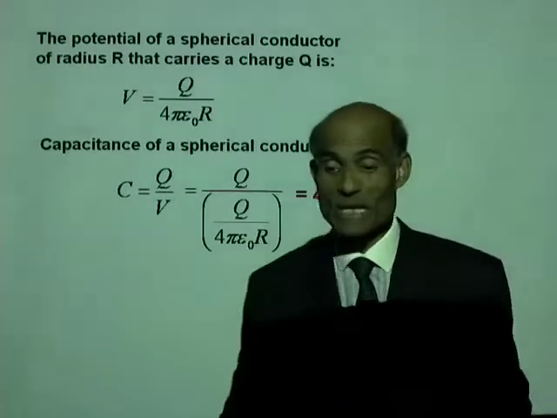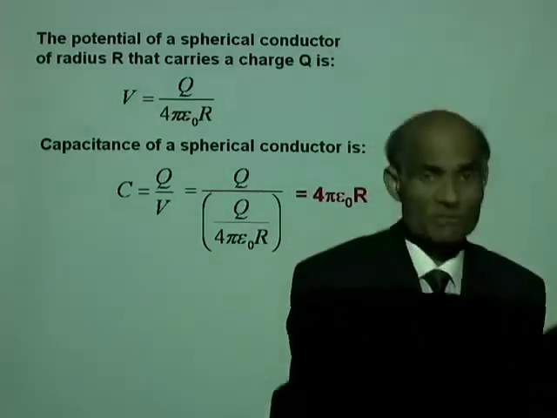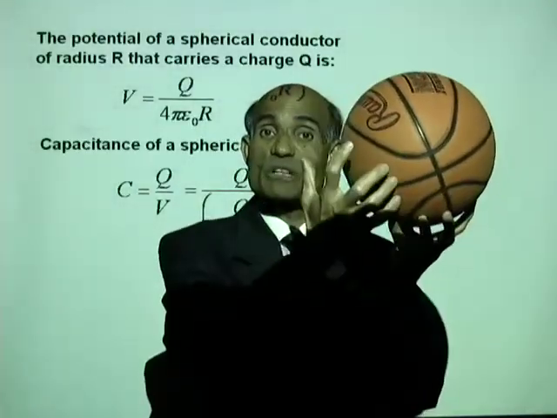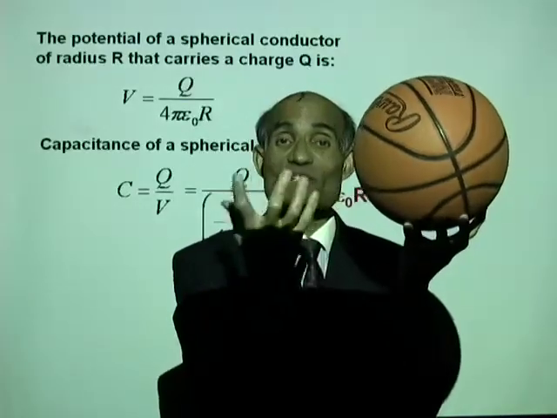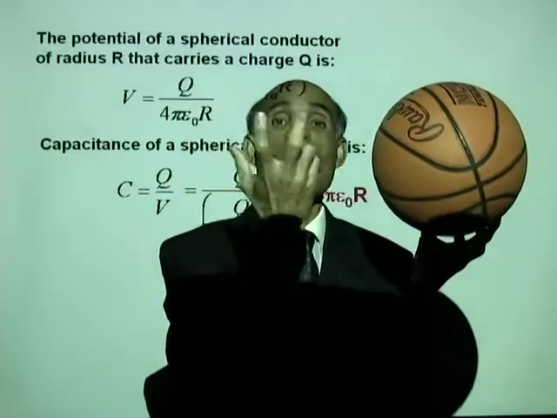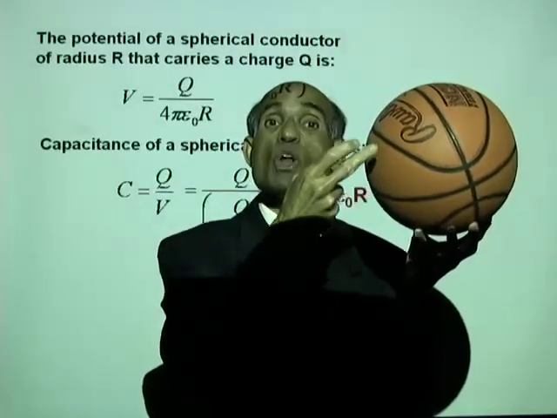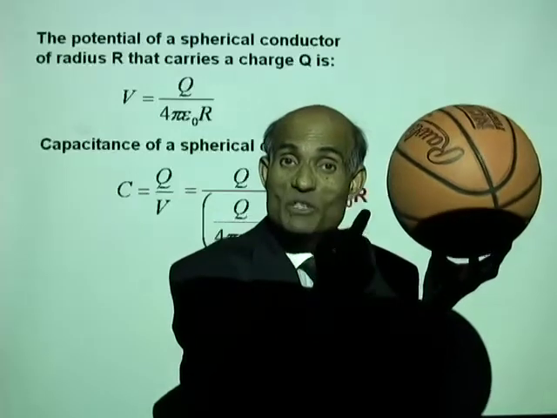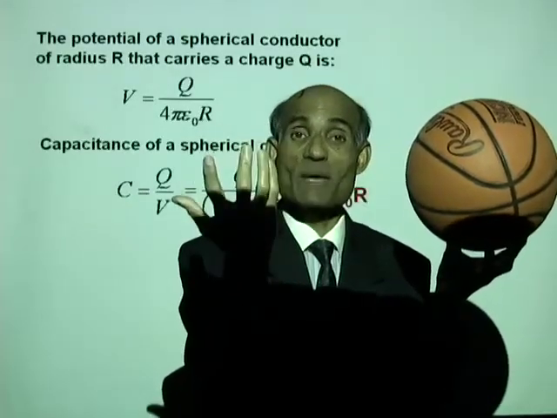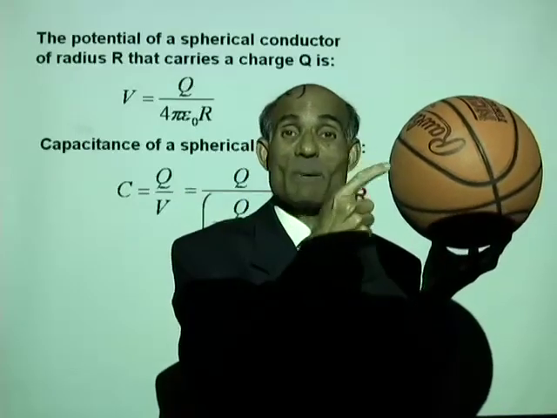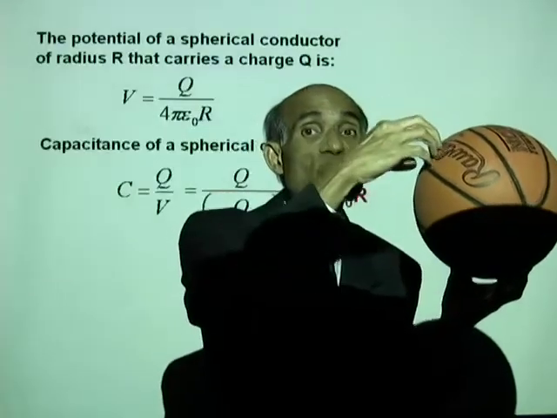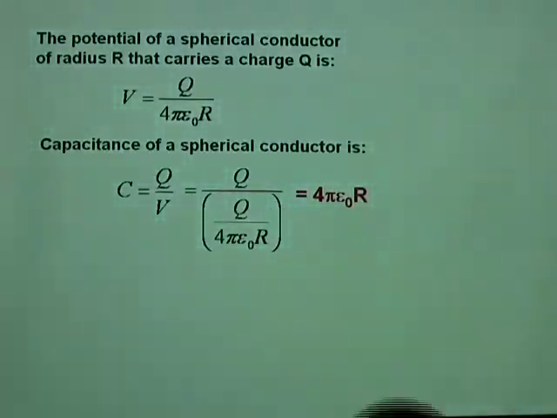Suppose you take a spherical conductor of given radius, its capacitance is a constant. It means the amount of charge that it will hold so that its potential is increased by 1 volt is the same. The capacitance of a conductor does not depend on the amount of charge you put in it. Okay.